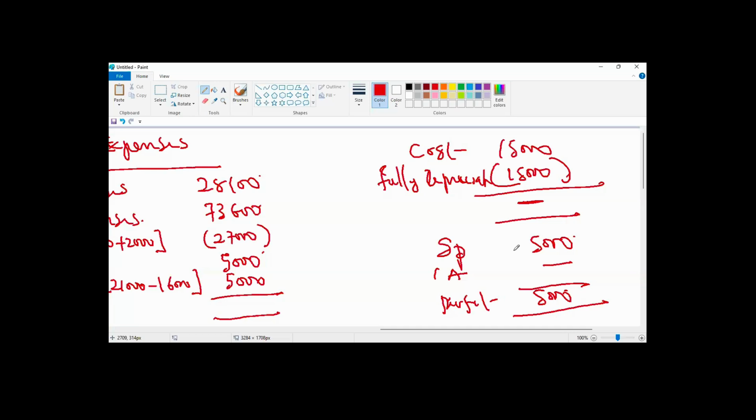I'll just remove it from my selling price to get the net selling price, then compare it with the carrying amount. Next. Any other question?